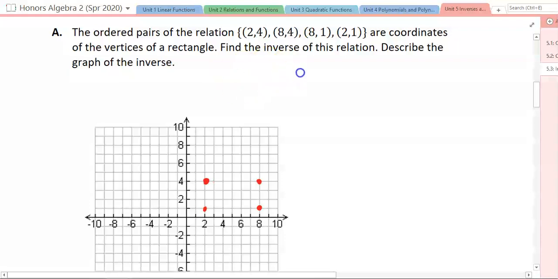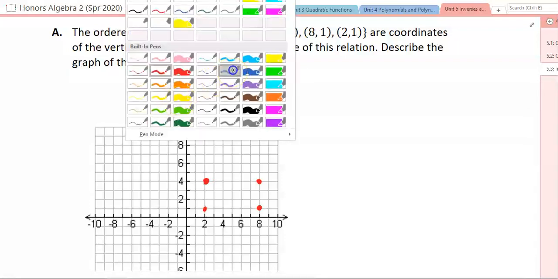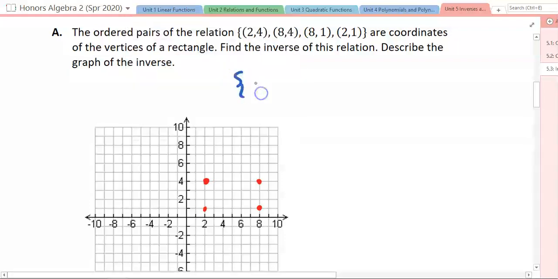I'm going to change colors here so that we see it in a different color. So what would (2, 4) become? Well, the x becomes the y and the y becomes the x. This would be the ordered pair (4, 2). And then the next ordered pair from (8, 4) would become (4, 8). The next ordered pair (8, 1) becomes (1, 8).